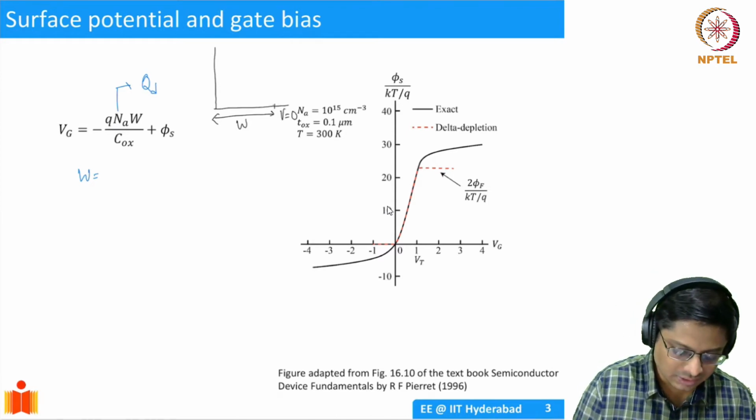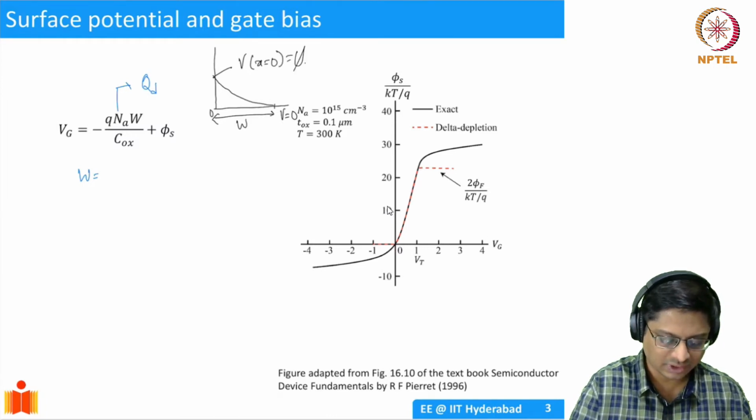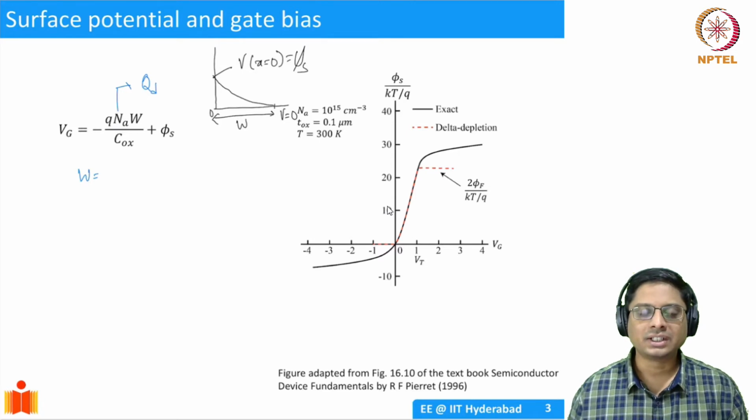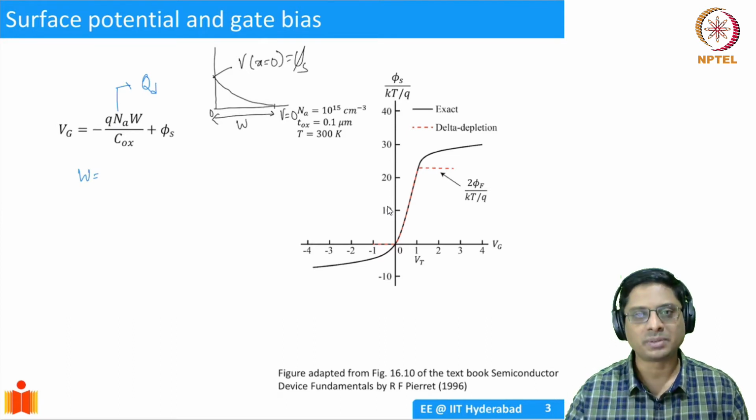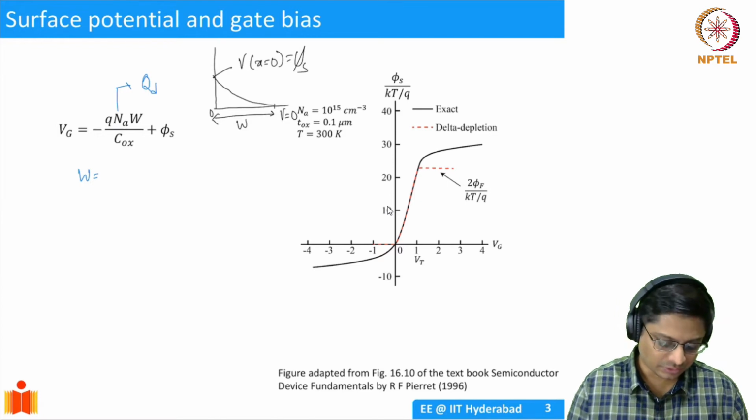There's a quadratic relationship here, and the potential at x equal to 0, at the interface, is your phi S, the surface potential. That is the amount of potential that is required at the interface between silicon and silicon dioxide such that you cause the same depletion.